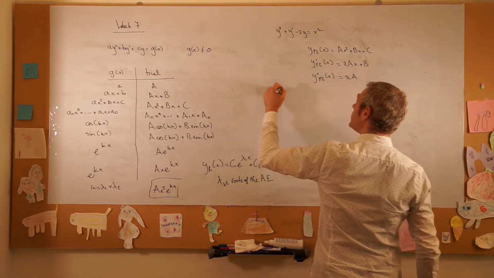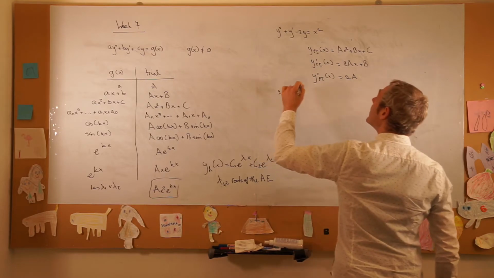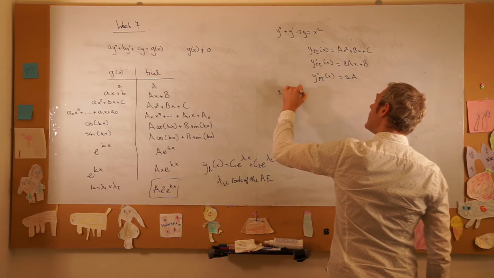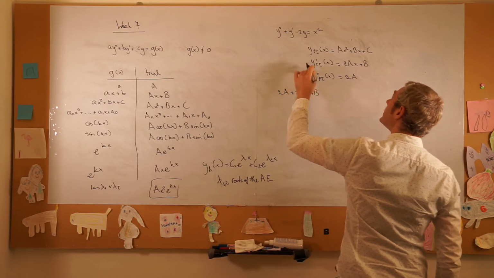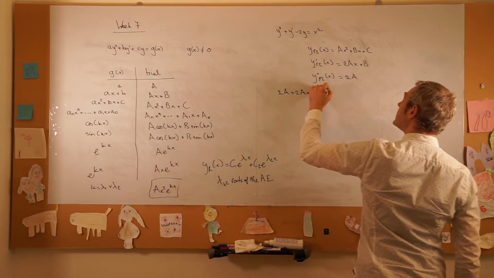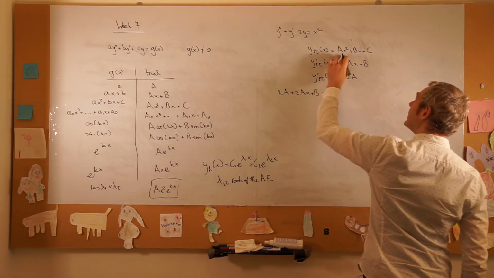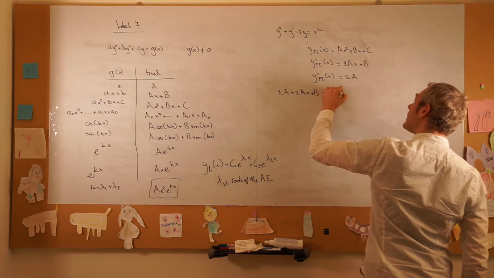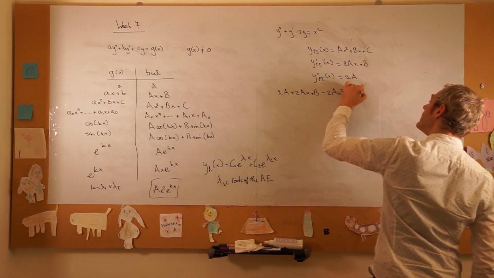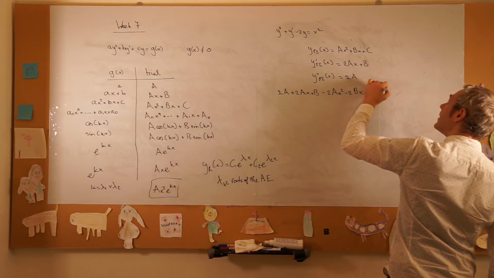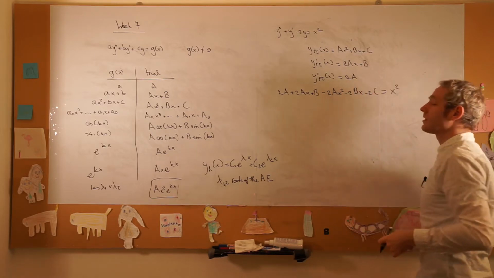So it is 2a plus 2ax plus b minus 2 times this, so that's minus 2ax squared minus 2bx minus 2c, and that has to be equal to x squared.